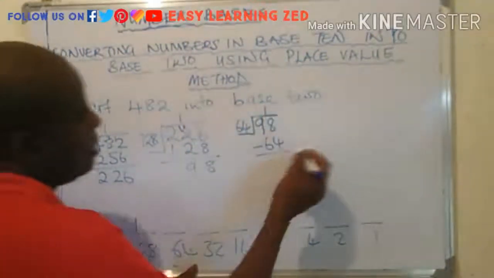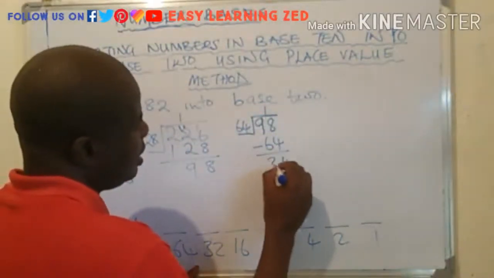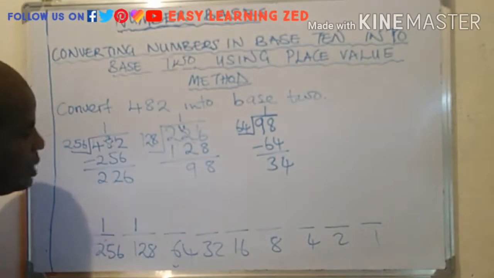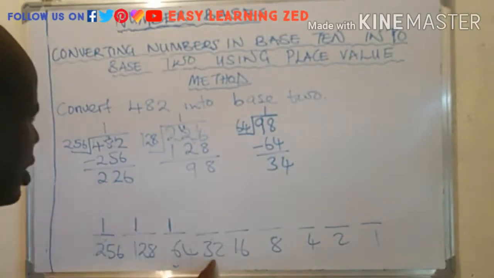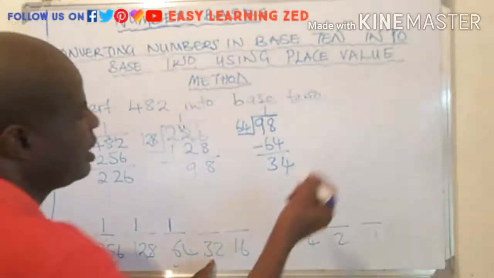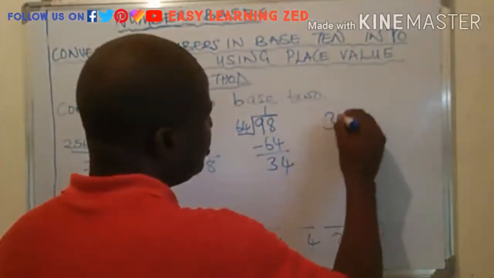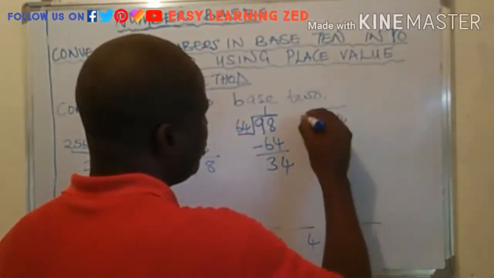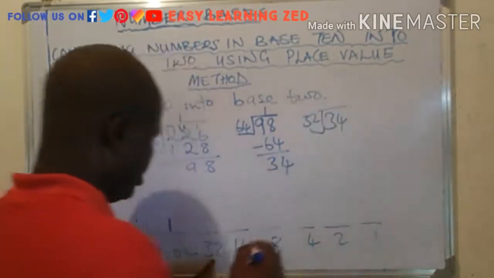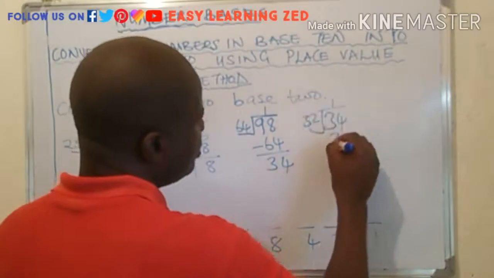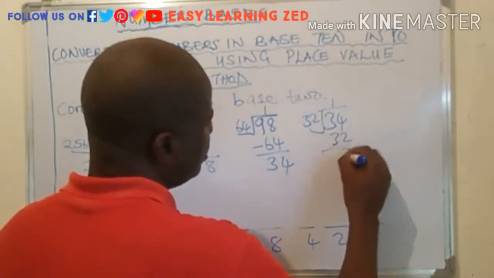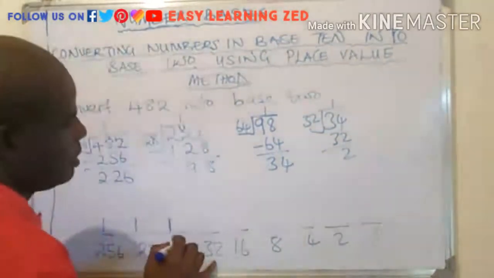Then we subtract. We're going to say 4 here and here 3, so we remain with 34. Can 32 go into 34? Let's check. 34 divided by 32. How many times can it go? 1 time, then remainder 2.